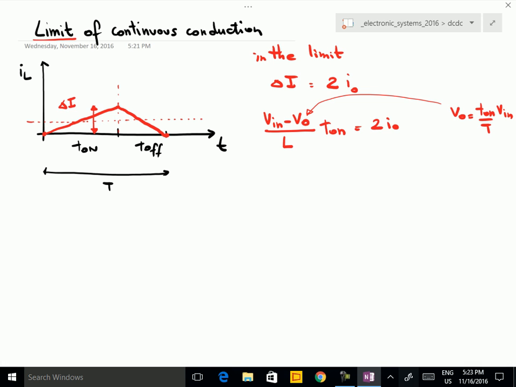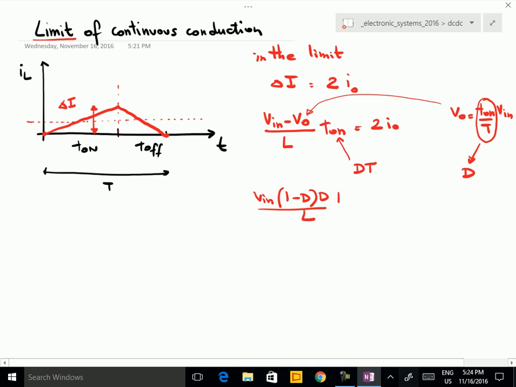We can probably simplify things if we call this ratio D, like duty cycle, and therefore T on becomes D times T. So if you make the substitution, we have V in times 1 minus D times D over L times T is equal to 2IO.